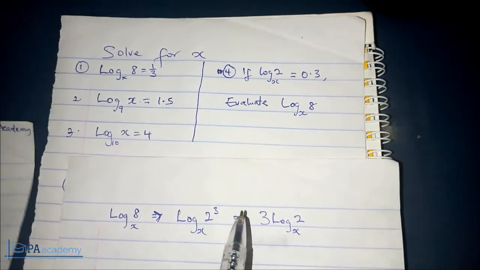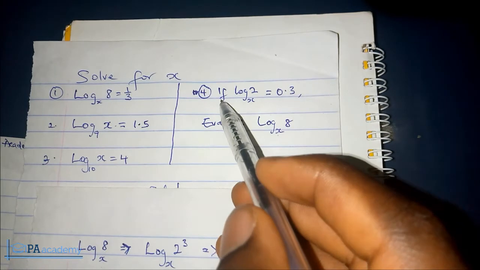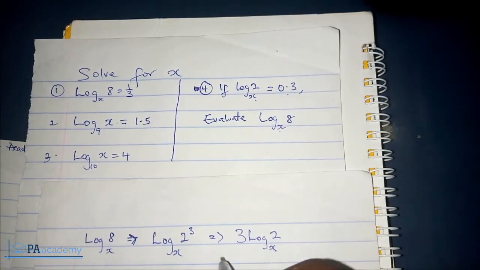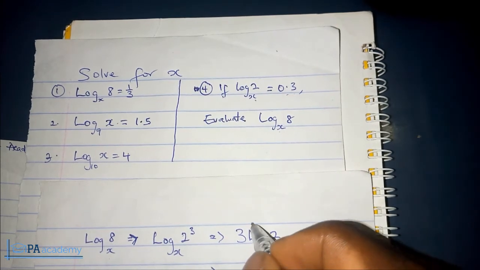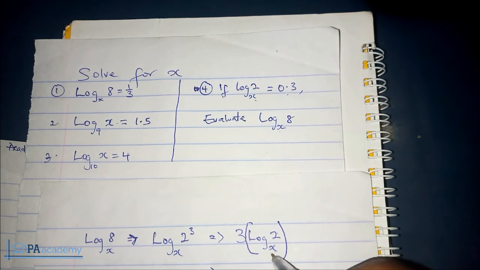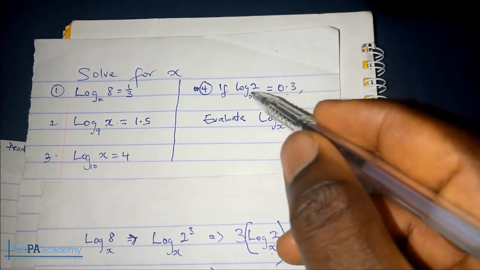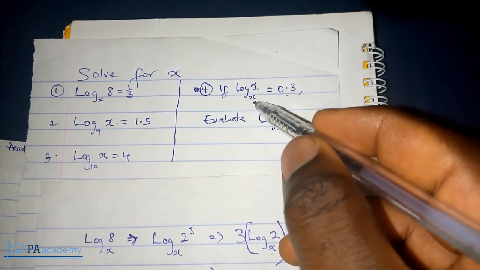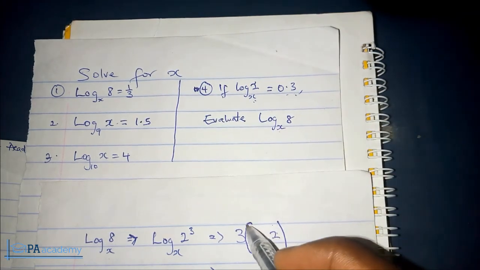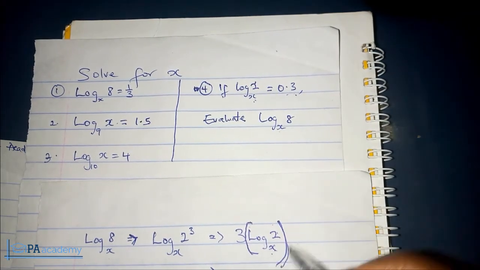Now let's go back to the question. It says if log 2 base x is equal to 0.3. So if you look here, this is log 2 base x, and the question says log 2 base x is equal to 0.3. So we are going to substitute the value of this with 0.3.